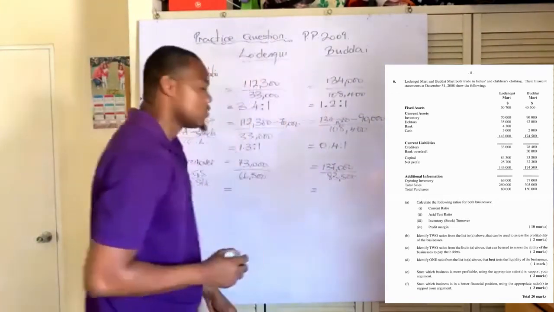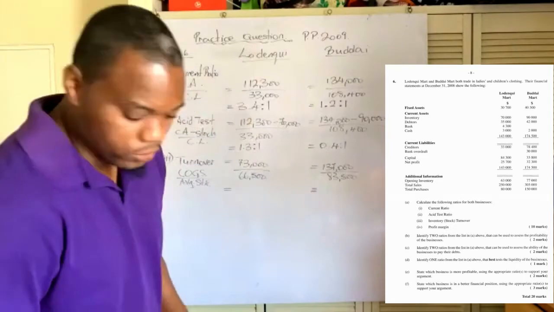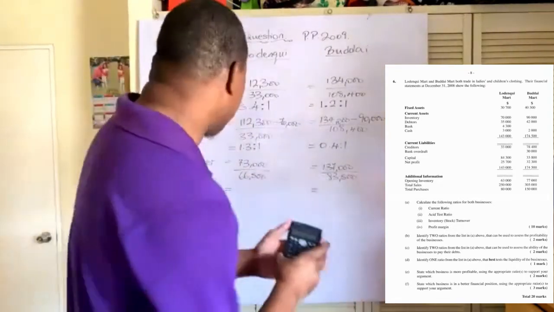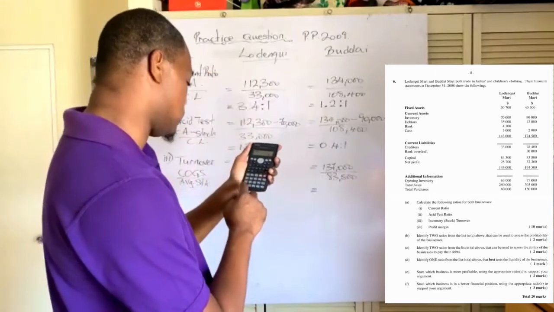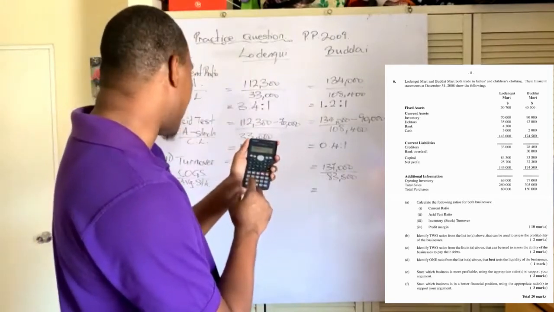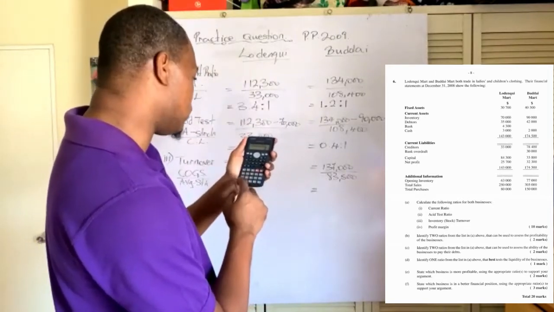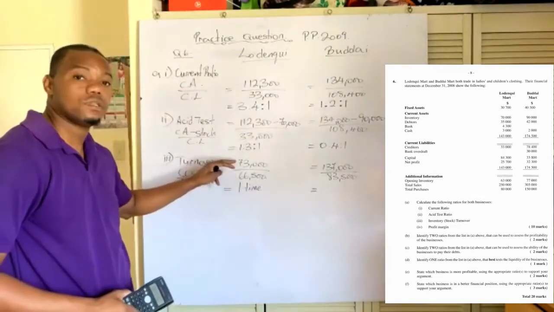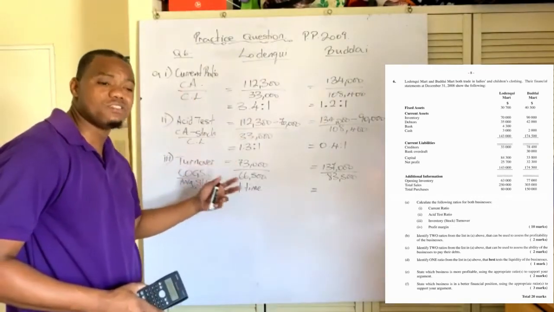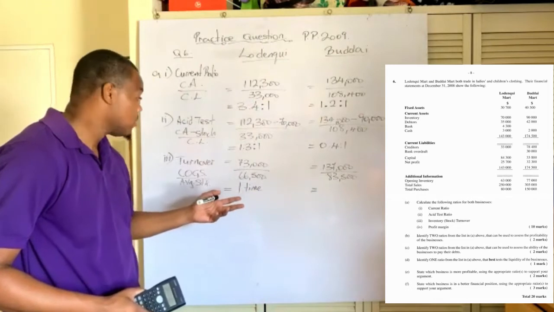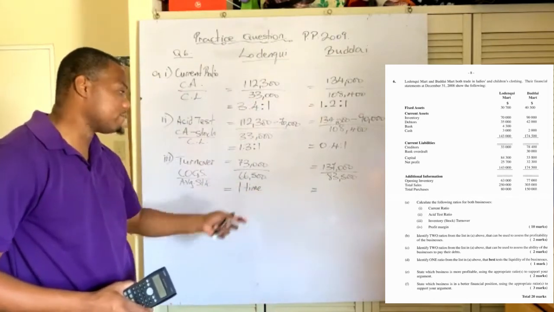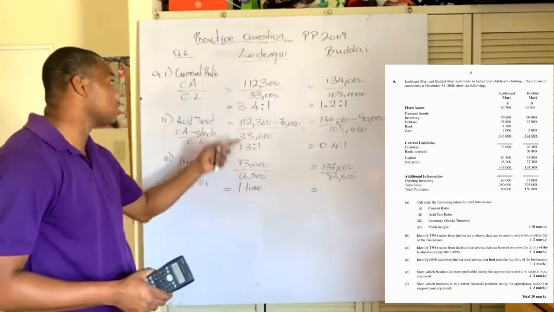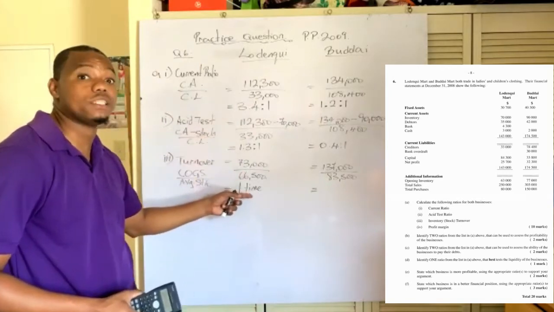All right. So now, all we need to do is to just calculate it. We're going to do Lodenki first. So 73,000 divided by 66,500. We did the calculation and we got 1.09 something, right? So we can just say 1 time. So it would have meant that Lodenki would have bought stock 1 time.